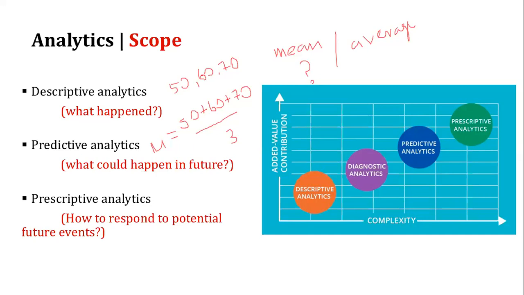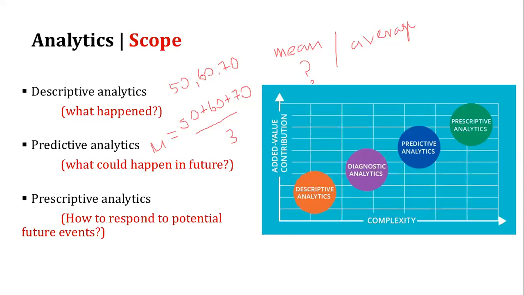Then there's another one called prescriptive analytics. This is not included in your syllabus, so we don't talk about this. But in prescriptive analytics, we do what-if analysis. We can generate several scenarios. Let's say if last week's average rainfall is 50, what will be the rainfall in the coming week?